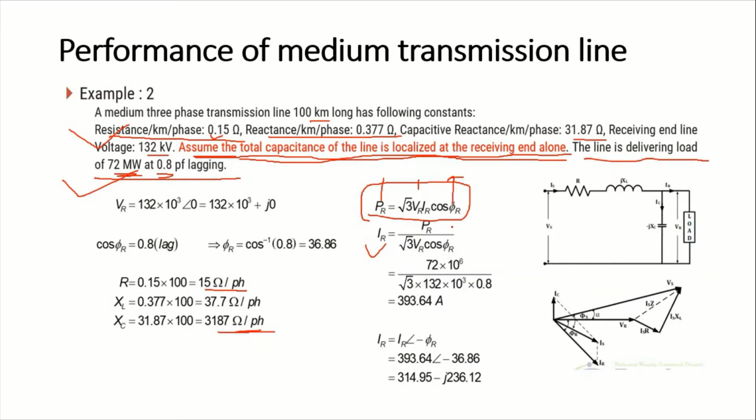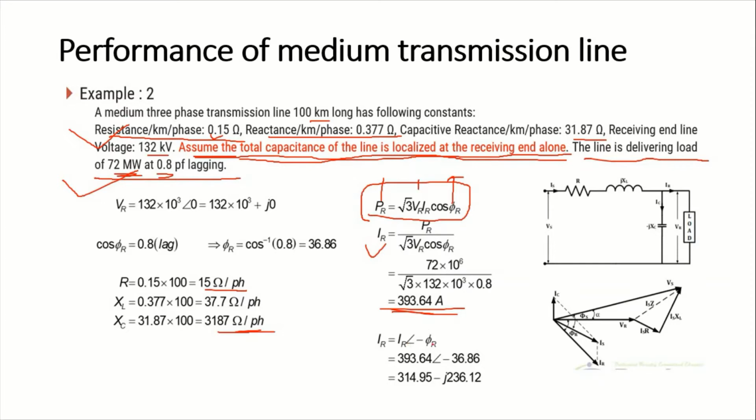IR equals PR upon root 3 VR cos phi, which is 72 into 10 raised to 6 divided by root 3 into 132 into 10 raised to 3 into 0.8. So the value of IR is 393.64 ampere.